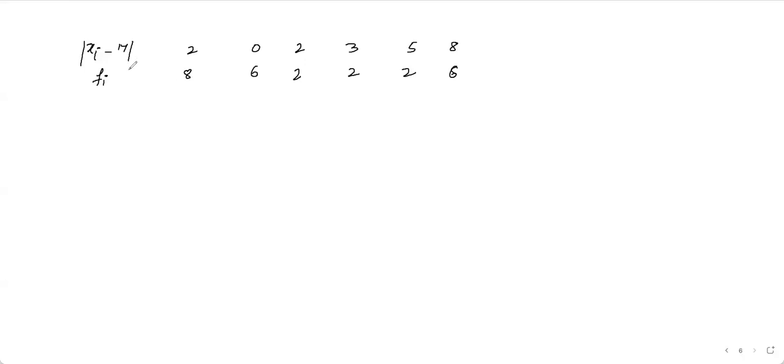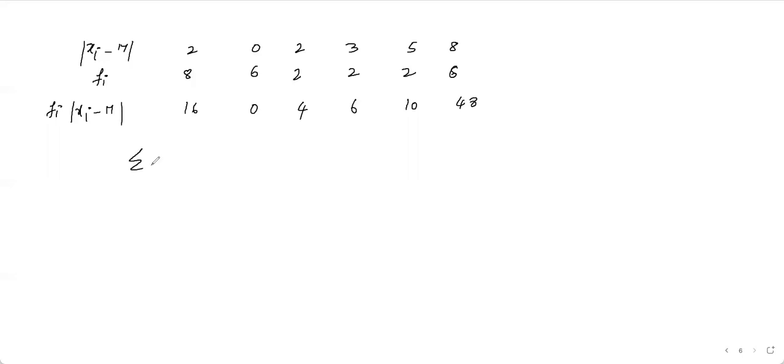We formed the table of mod xi minus M, which is 2, 0, 2, 3, 5, 8, and the products fi times mod xi minus M, which are 16, 0, 4, 6, 10, and 48.